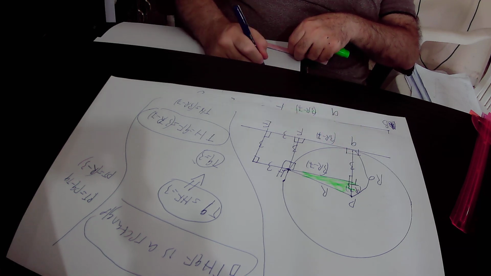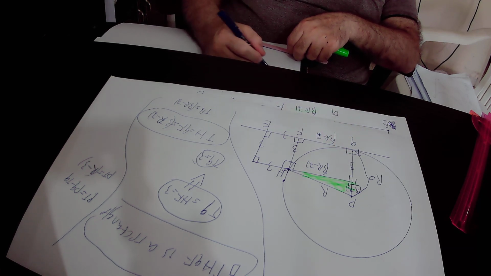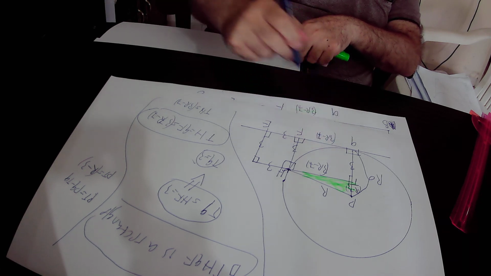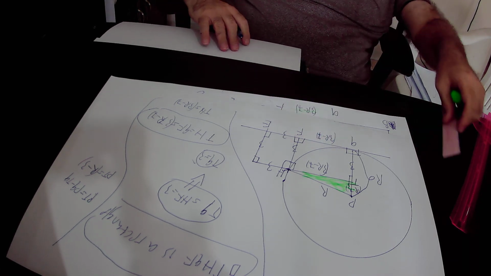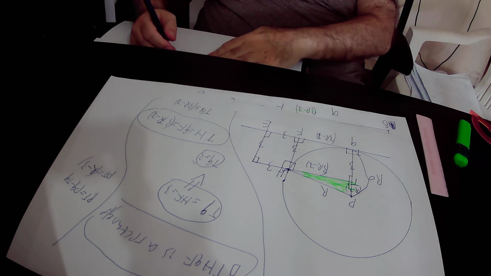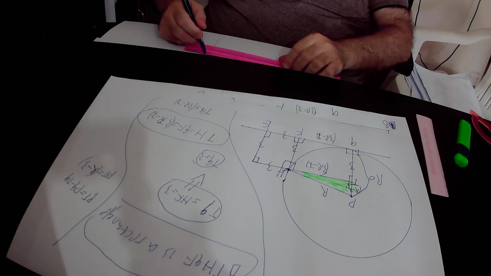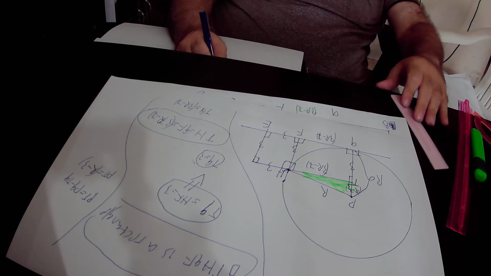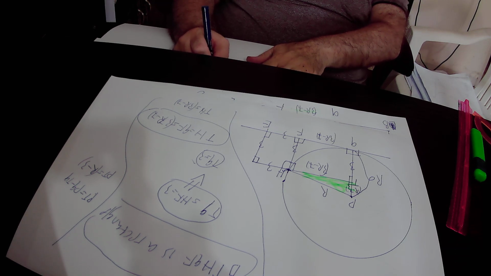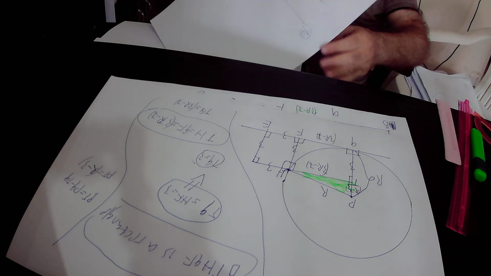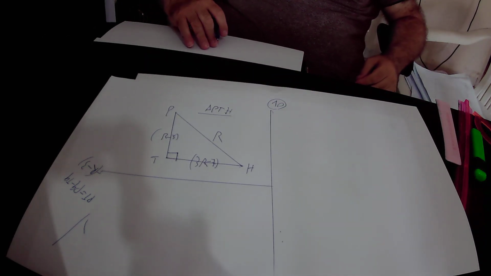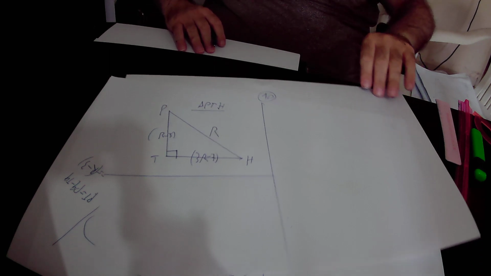PT equals R minus 3, TH equals 3R minus 7, and the hypotenuse PH equals R, the radius of the big circle. So this is the right triangle PTH that I copied from the original drawing. So we'll implement here the Pythagoras theorem.